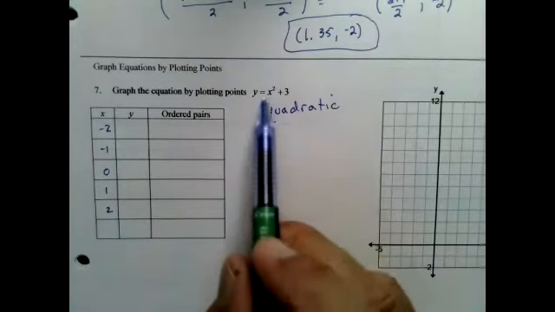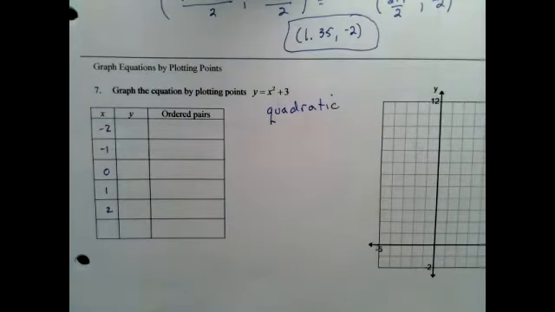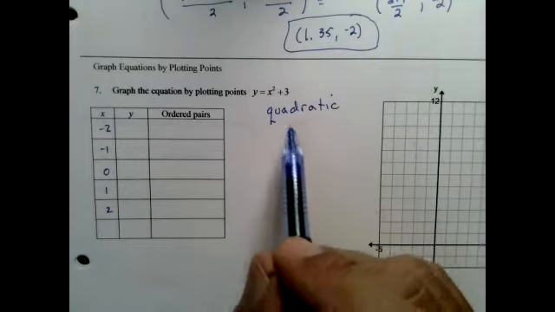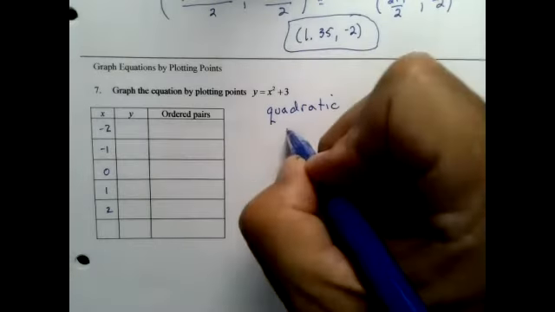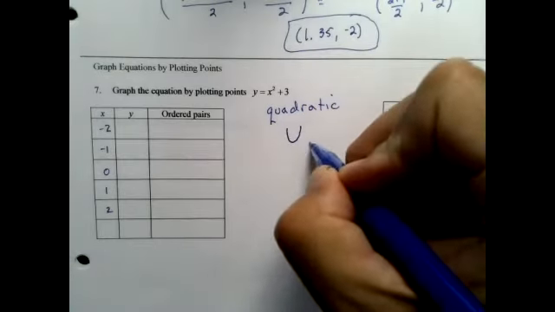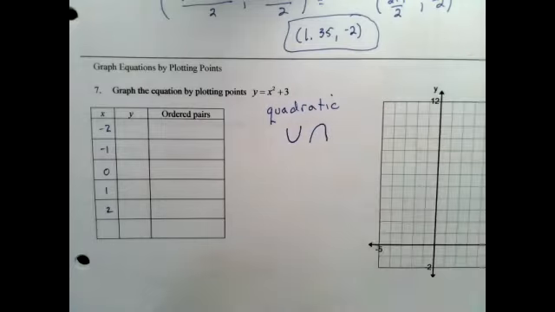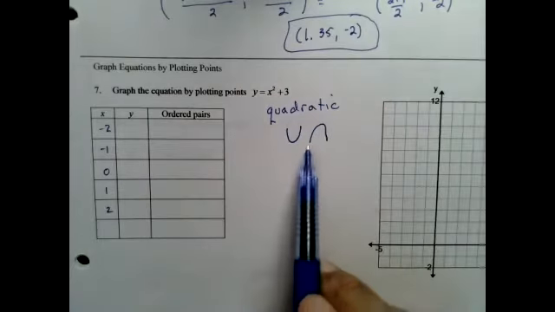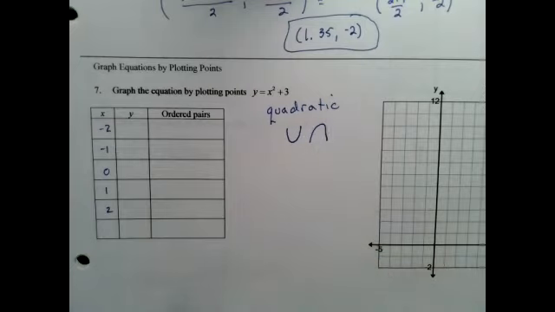Quad being 4, which I don't know why it's a squared. And I know that a quadratic is going to have a U shape, either U shape up or U shape down. Remember, we shot the arrow in the air and it went up and it came right back down.